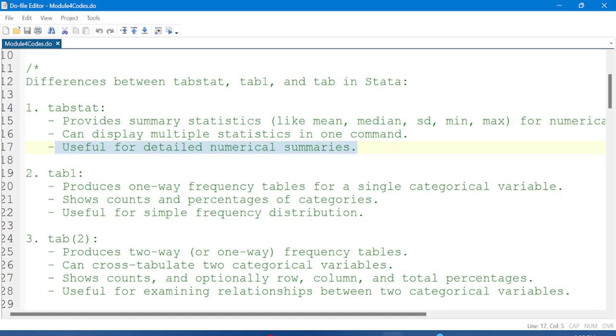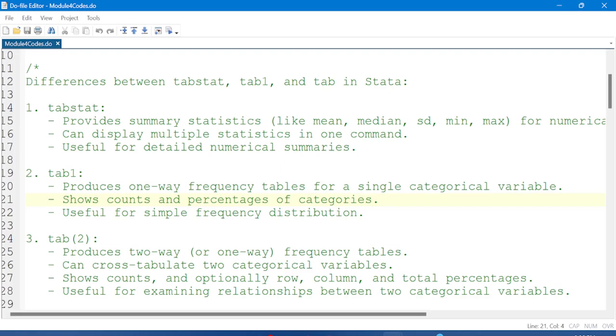Now let us try to understand tab1. How is tab1 different from tabstat? tab1 produces one-way frequency tables for a single categorical variable. Remember, it is for a single categorical variable, while tabstat is for numeric variables, and we can have more than one.